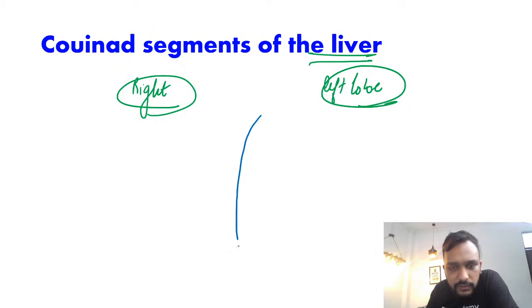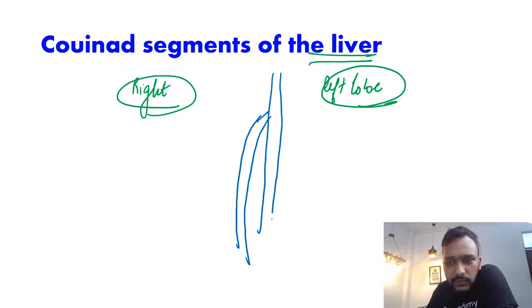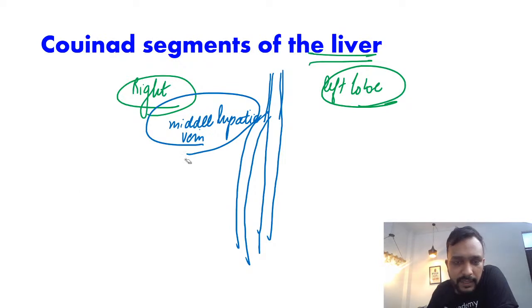Anyone? So guys, this is your middle hepatic vein. Not IVC, it is your middle hepatic vein, which is going to divide the liver into a right and a left lobe, right?